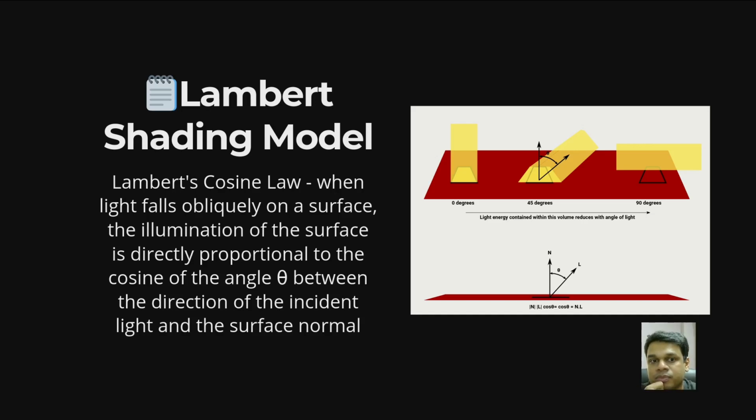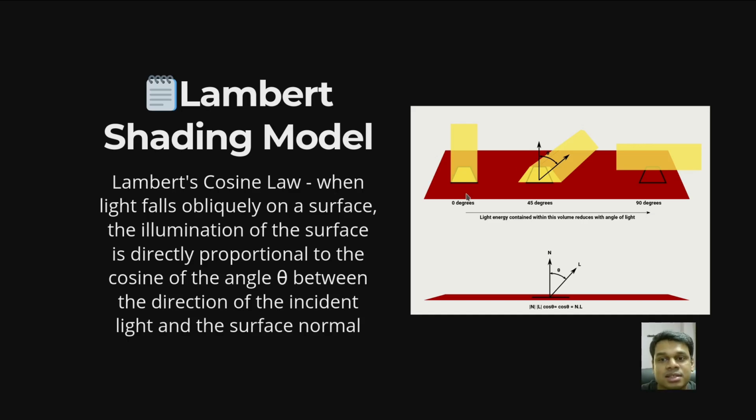Now, if you look at the picture on the right over here, the first picture I would like you to focus on is a square beam of light. A beam of light is falling on a red surface. This beam of light is square in shape, so even though it might look like a parallelogram or slightly skewed square, it's basically a square of yellow light falling on a red surface.